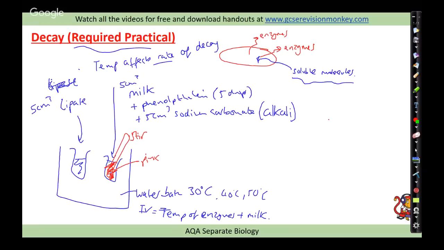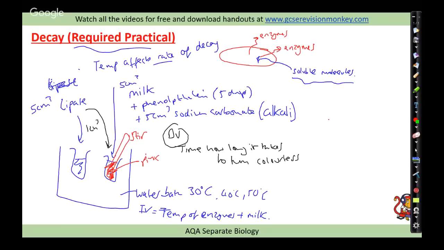And what we'll do is take a small amount of lipase, say 1 centimetre cubed. We will add that to our mixture and stir, and then we will time, which is going to be our dependent variable, how long it takes to turn colourless. And at this point, we know that our enzyme has decayed the lipids that are in the milk.